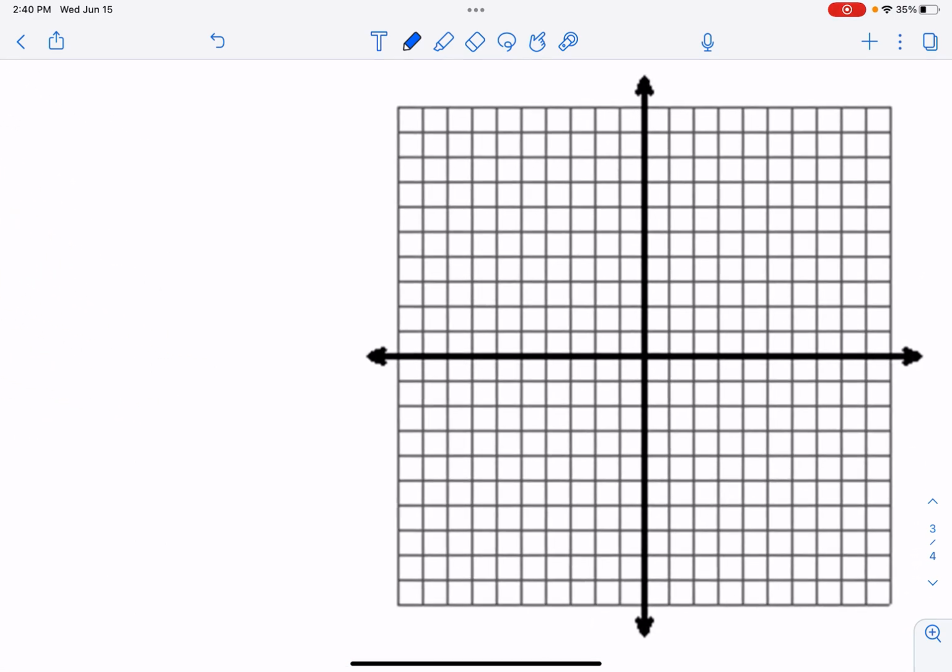So I'm going to kind of zoom in there. 2x plus 3. I go up 2 over 1. It's a positive slope. I like to get a lot of points on my line. And I graph that line.